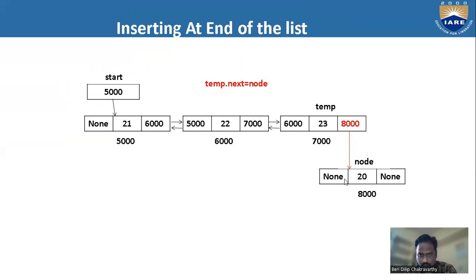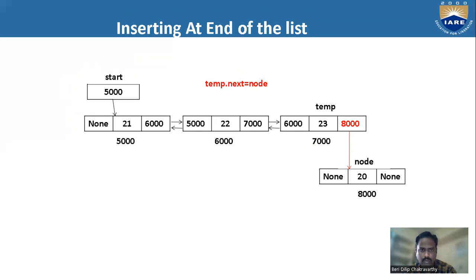In place of none, I need to place 7000. So I need to store the address of the previous node. Here I am getting 7000. And for the new node's next, it is okay because there is no other node, so I am placing it as none. In this way, I am going to insert an element at the end of the list.